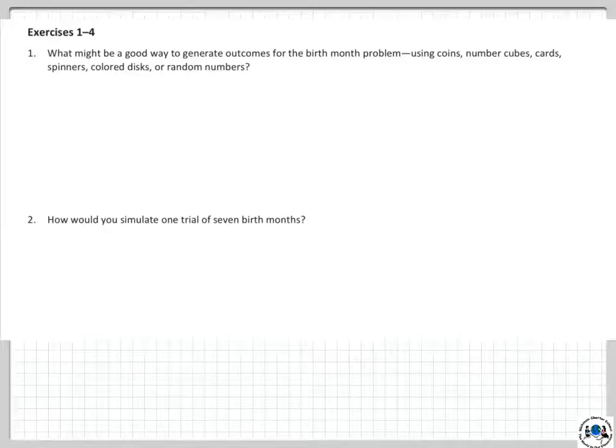And again, a little pre-planning here. What might be a good way to generate outcomes for this birth month problem? And again, this lesson is talking a lot about the planning process. Might you want to use coins? 50-50 chance. Number cubes.